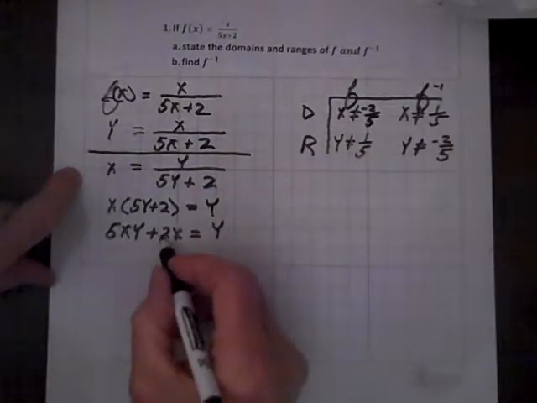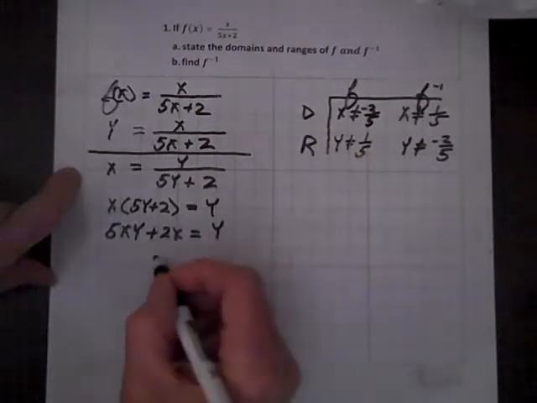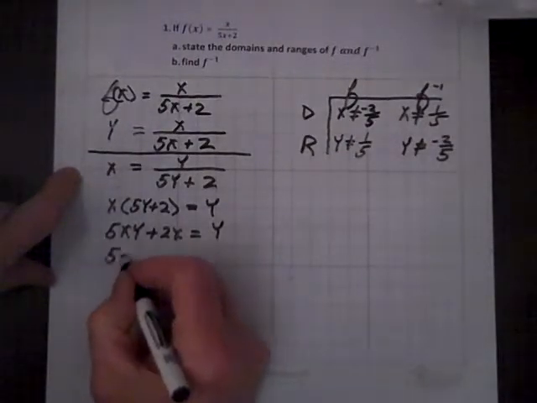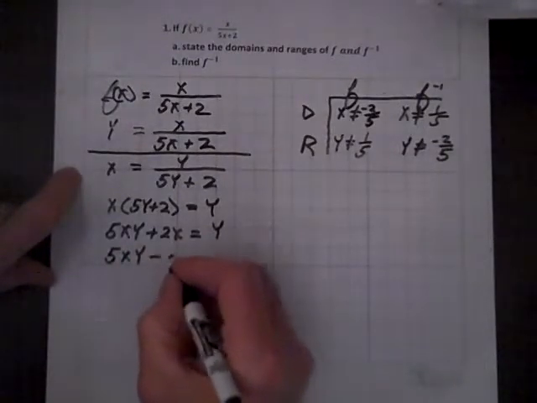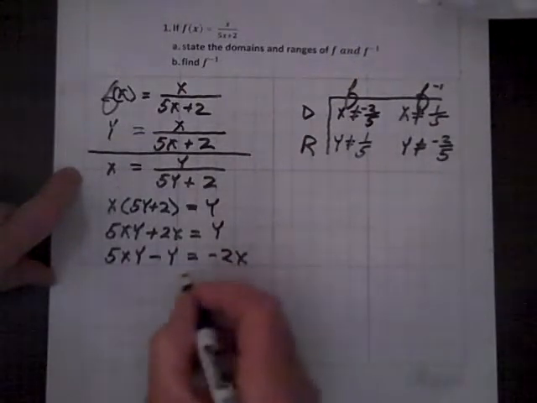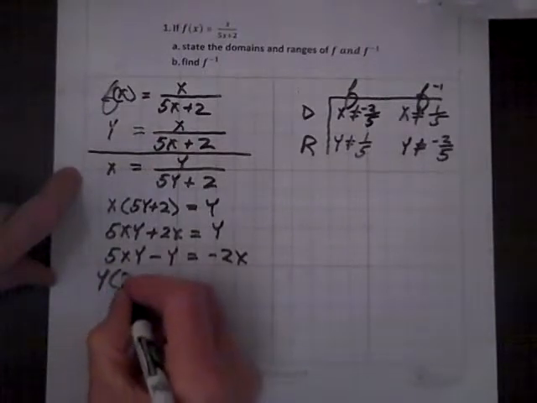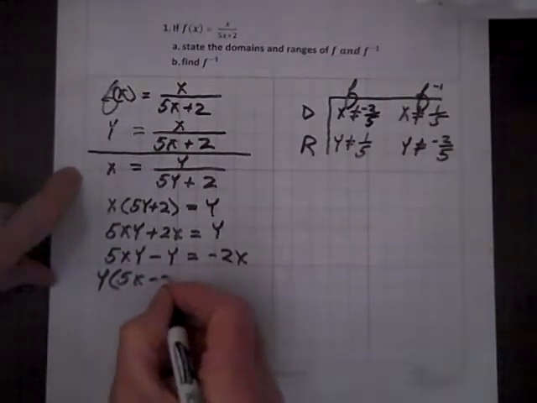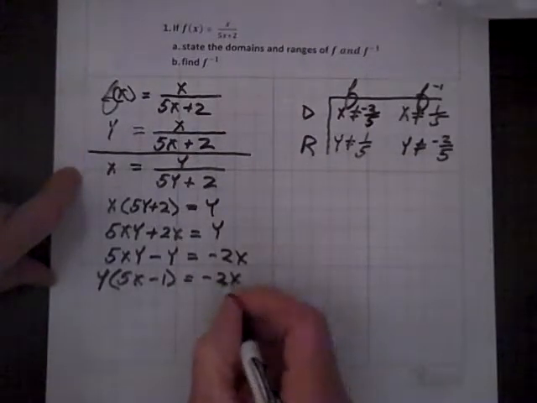Now, subtracting 2x from both sides and subtracting y from both sides, in other words, getting all the terms incorporating y on one side, everything else on the other. Now, factoring out a y, we get y times 5x minus 1 equals negative 2x.